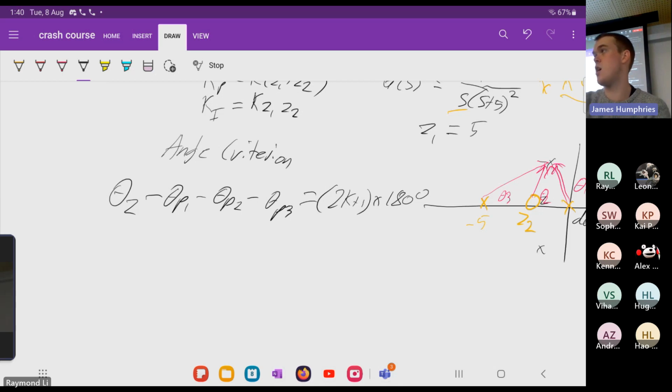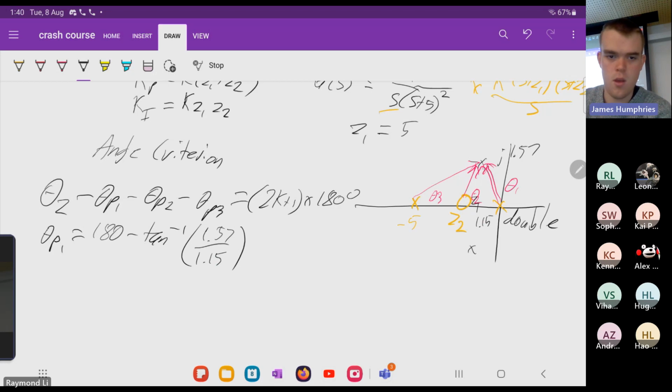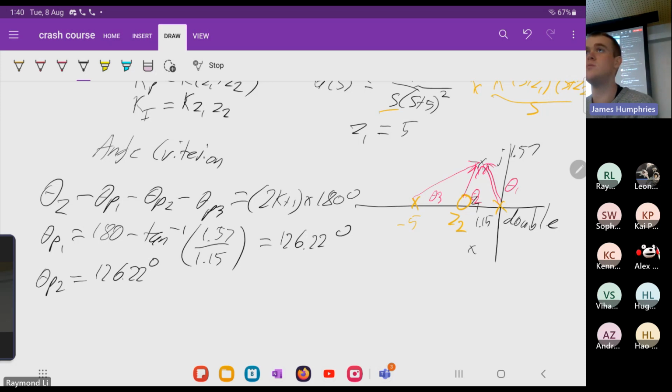Yes. It is a lot of maths. I apologize. So pole 1 is just going to equal 180 minus the tan inverse of 1.57, which is j of 1.57, and then a cross of 1.15, which is going to equal 126.22 degrees, and pole 2 is also 126.22 degrees because it's a double pole.